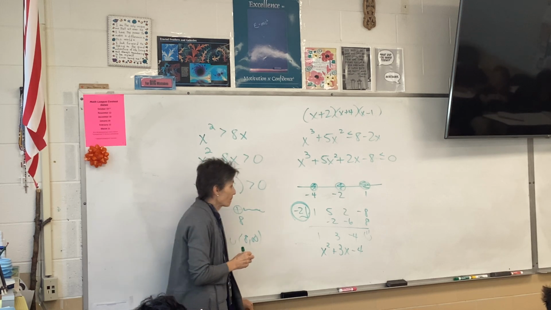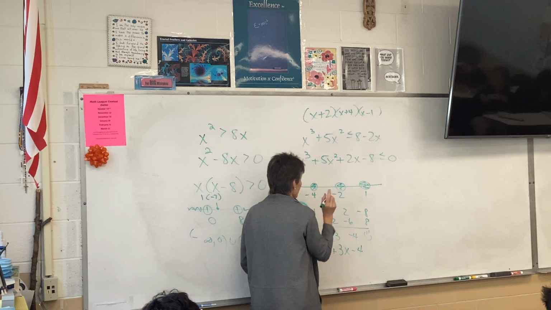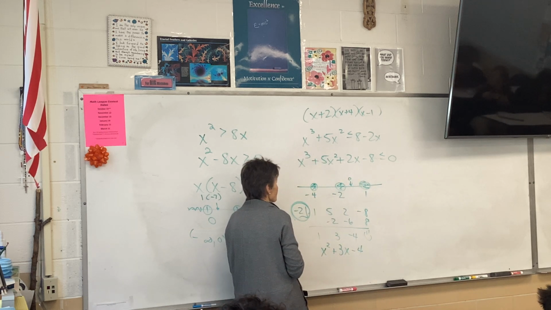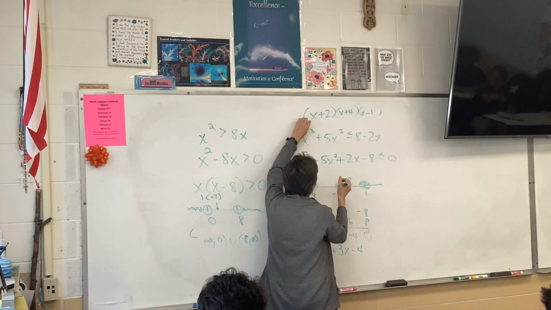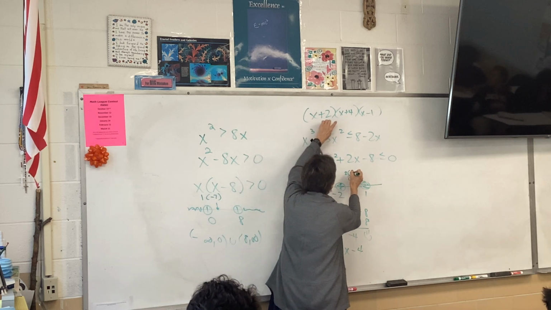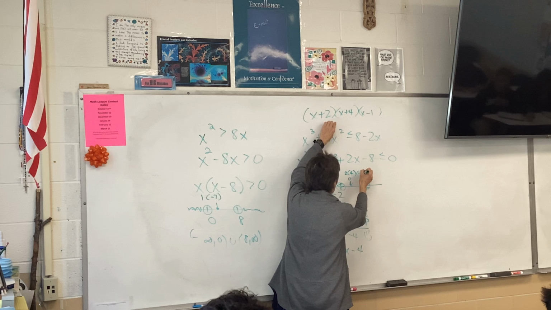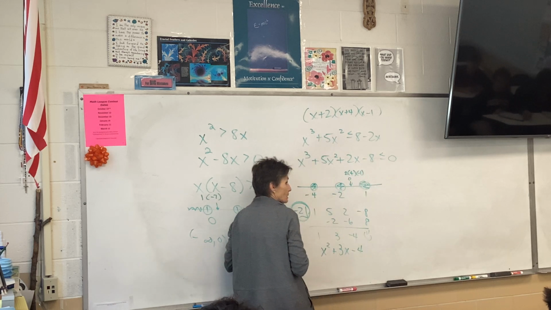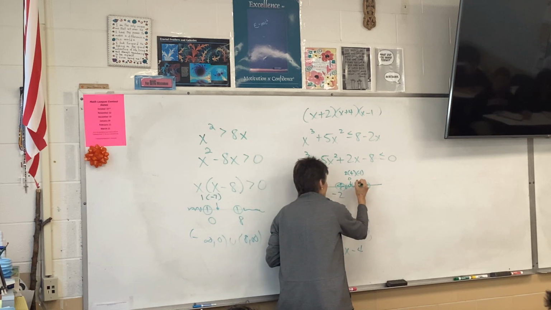Okay? Now, pick a number. I'm going to pick 0 because it's fastest and easiest for me. So 0 gives me 2 times 4 times -1. Is 2 times 4 times -1 less than 0? Yes. Yep. So that gets colored.